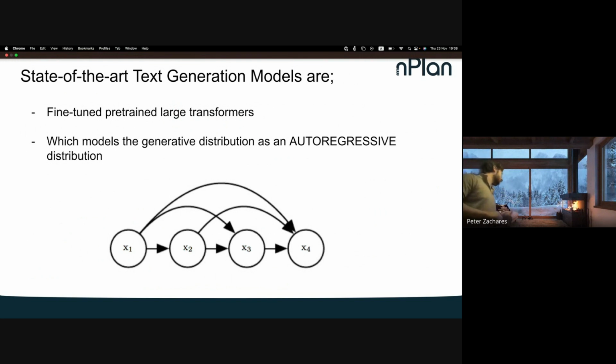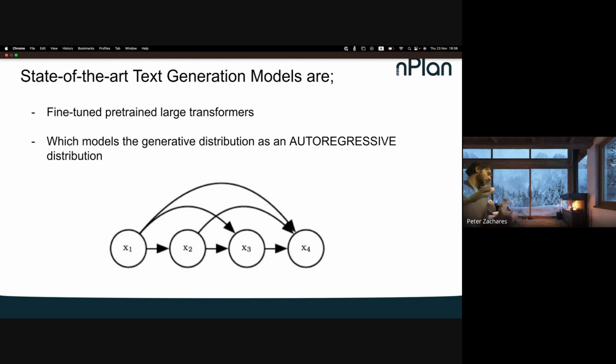But there was a difficulty there, which is that state-of-the-art text generation models are fine-tuned, pre-trained large transformers, unless you can do some kind of in-context learning. But these models model their generative distribution as autoregressive. So what does that mean? Say that you were trying to generate an entire sequence of text composed of 4 tokens.